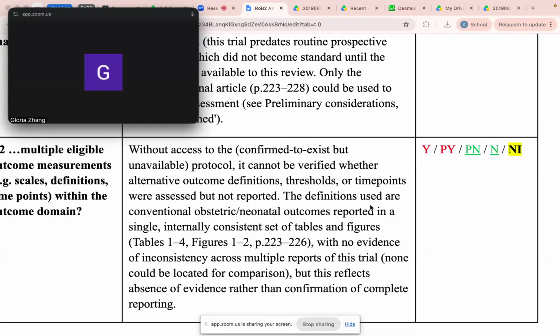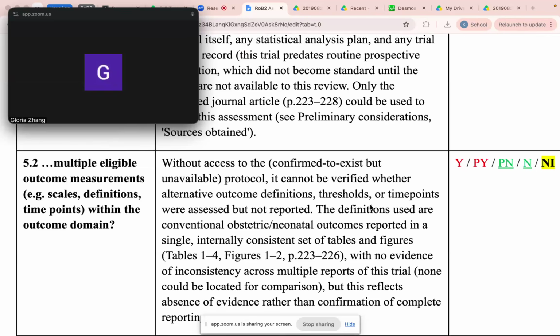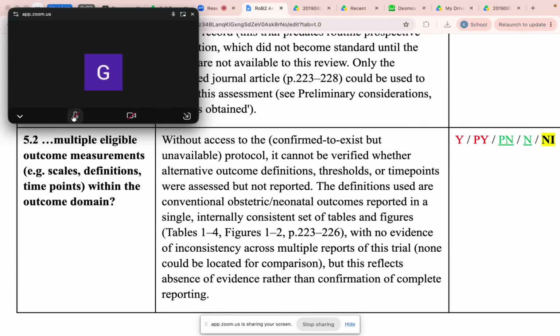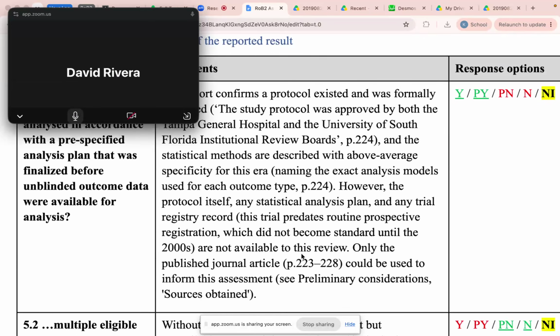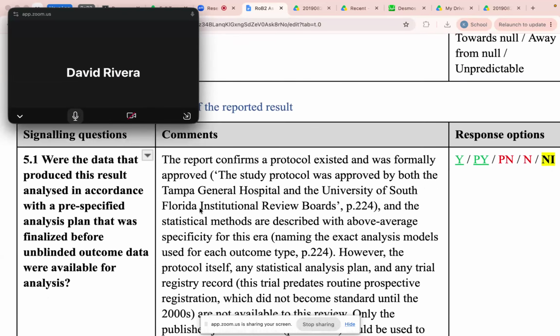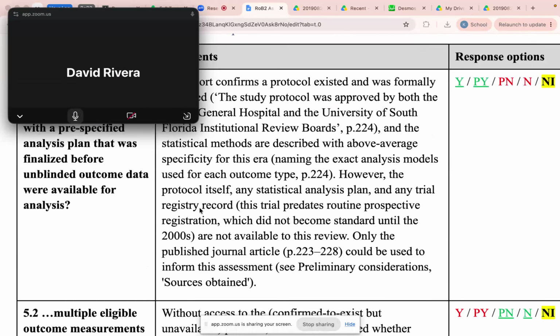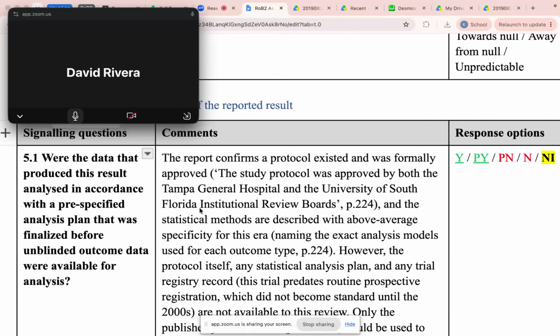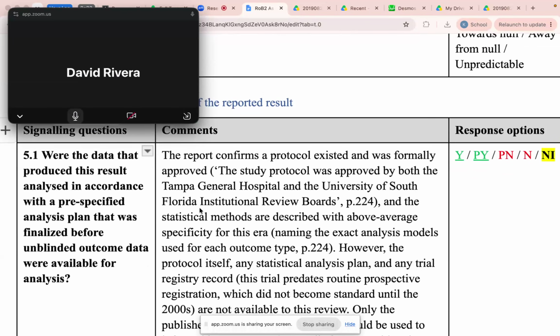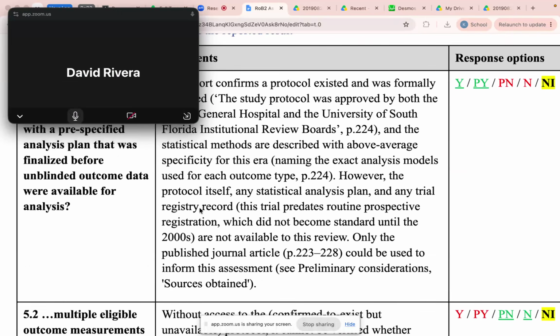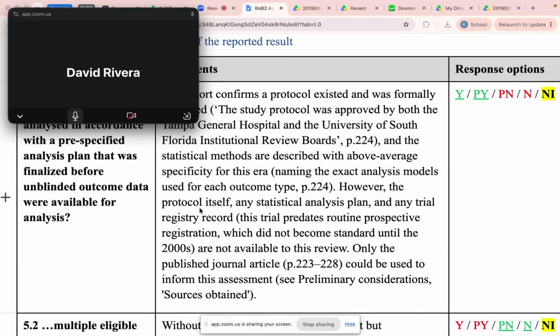Does anyone else, like Mr. David, have an input on this? Hello. Well, on the first part of this domain, we fulfill no information because in order to compare if the analysis were according to a pre-specified data and a pre-specified measurement, we will need to have access to the protocol and compare the results that they reported and how they measured in the article with how they said they were going to measure in the protocol.